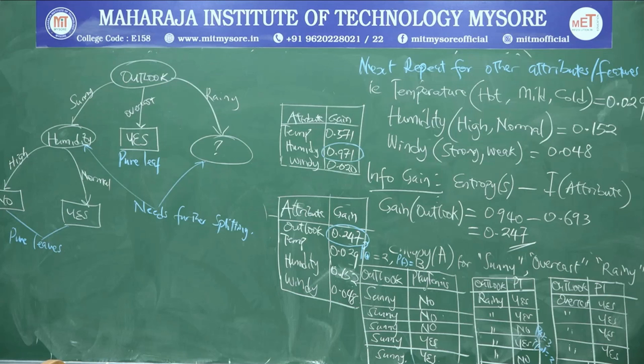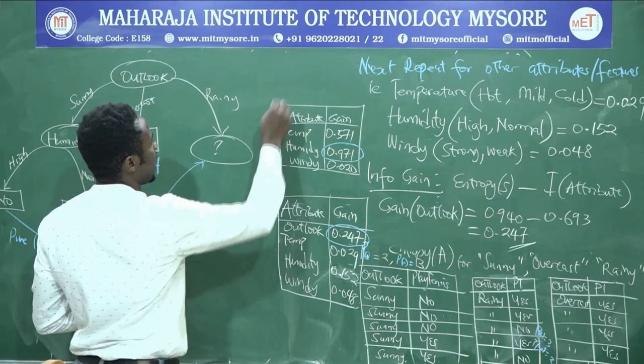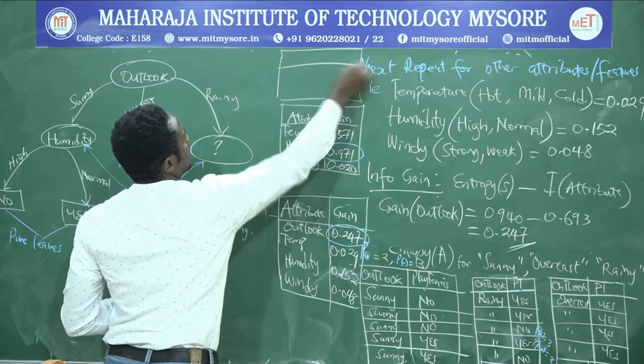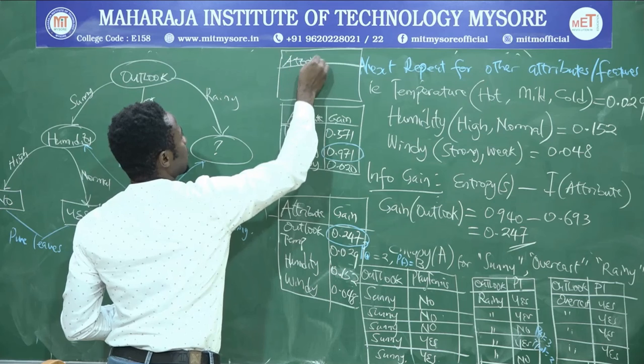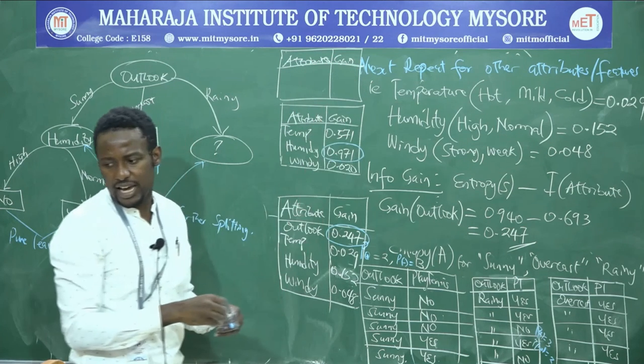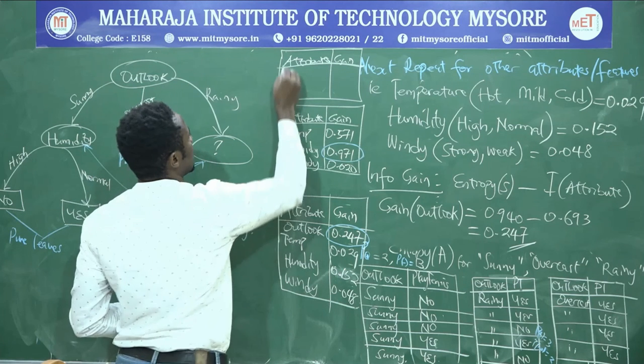Normal was yes, and that was no. Fine. So the last table will look like this. Again, we have attributes and gain value. So we had temperature, humidity, and windy.